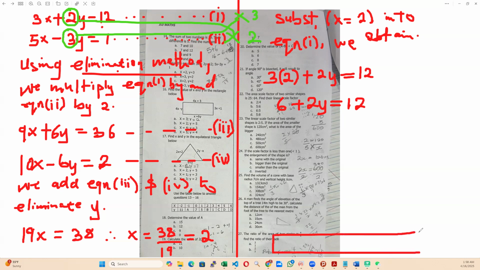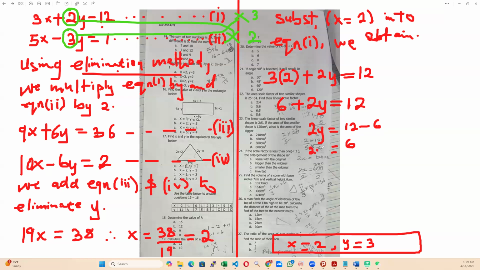All right. So that means you did 2y equal to 12 minus 6. You take this to the other side of the equation, change this to minus. So you now have 12 minus 6, which is 6.